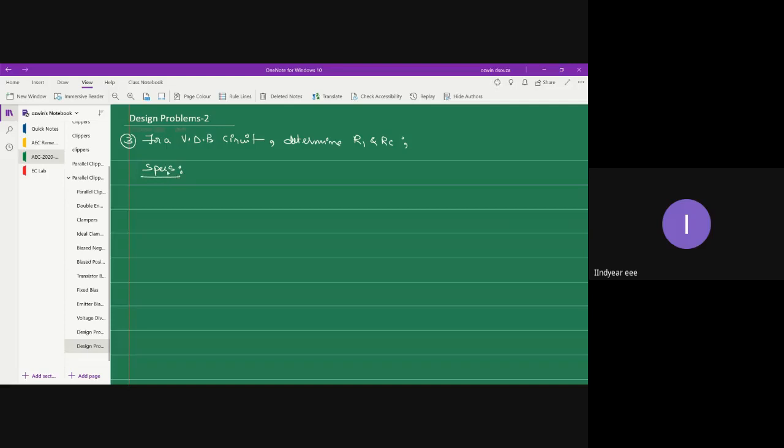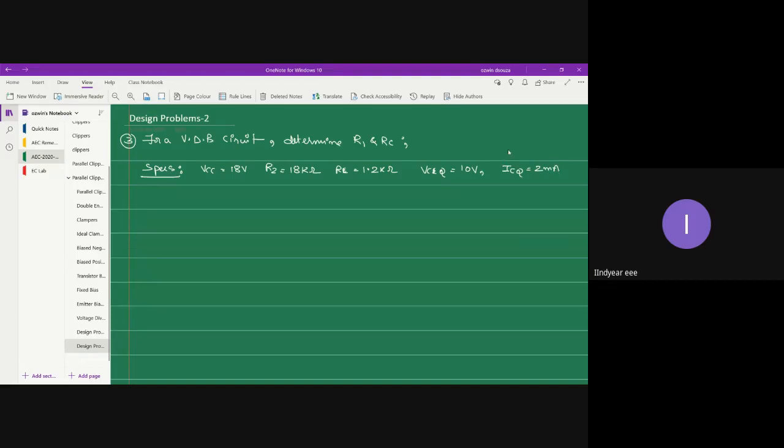It's given that VCC is 18, R2 is 18 kilo ohm, RE is 1.2 kilo ohm, and also VCQ is given as 10 volt and ICQ is given as 2 milliamperes.